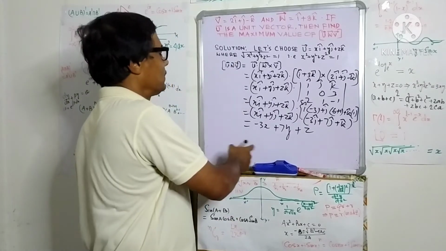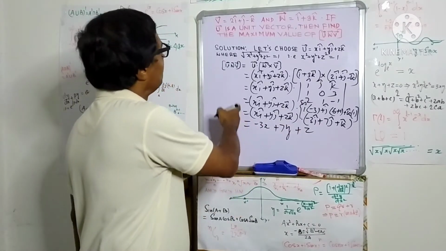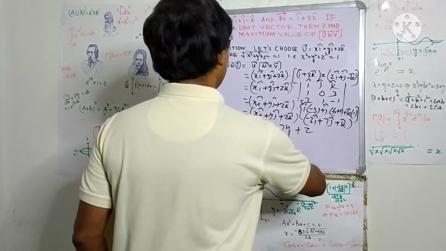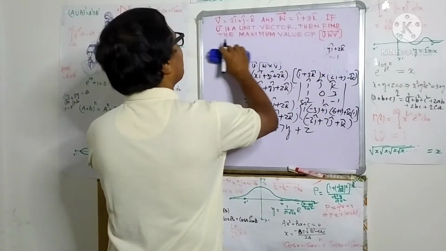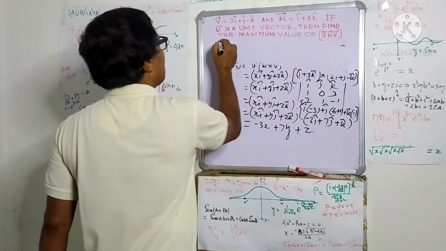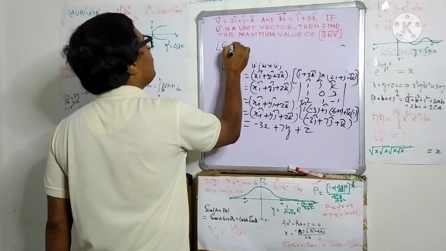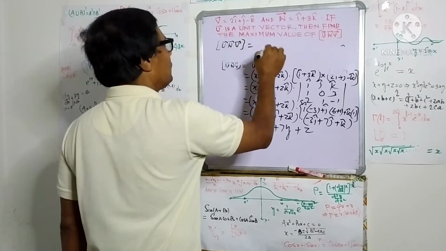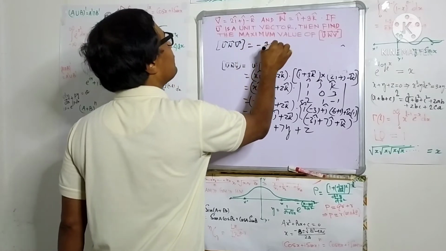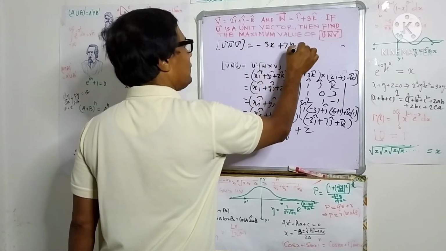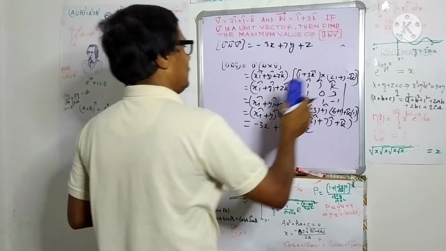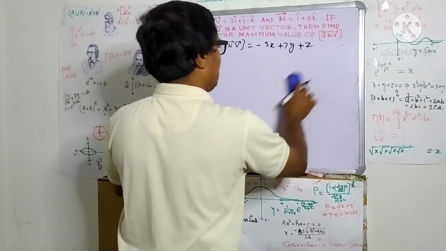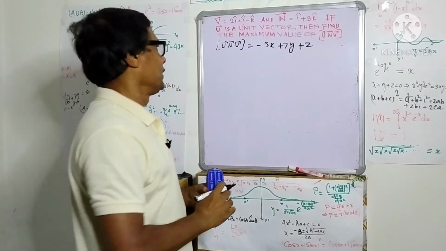So the box product of the three vectors is minus 3x plus 7y plus z.